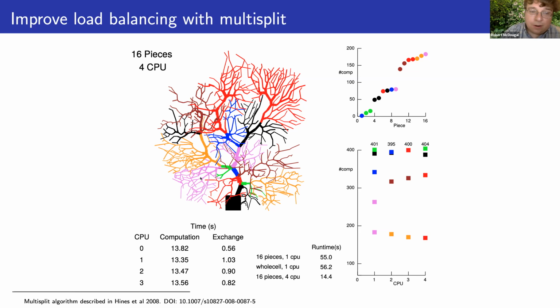It has a number of compartments. And what Neuron allows you to do is to break. You can specify a section. You can specify a segment, actually, and you can say that I'm going to break the simulation at a specific location.